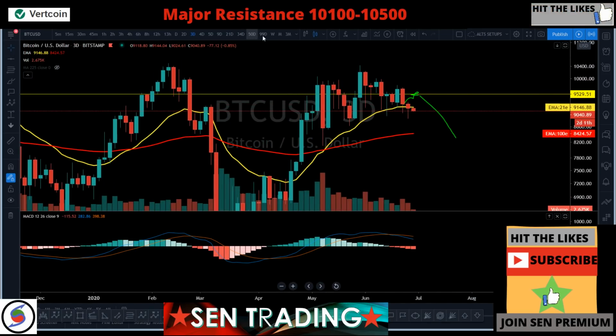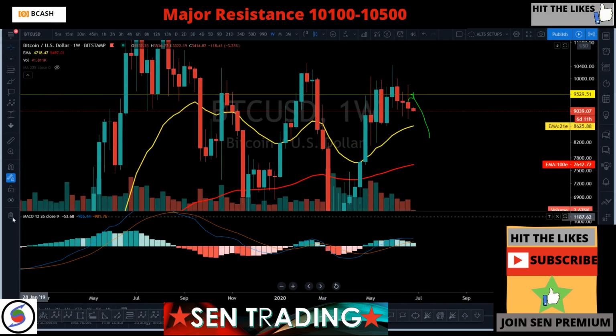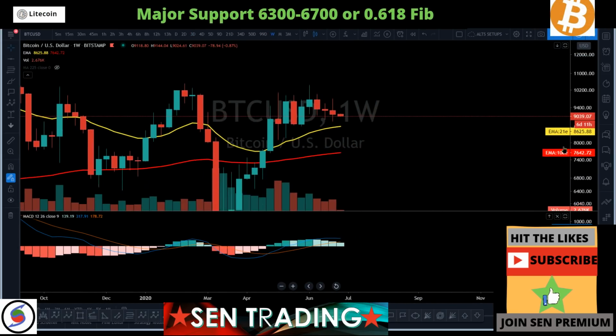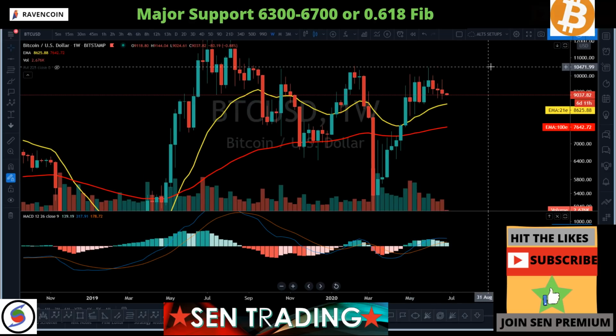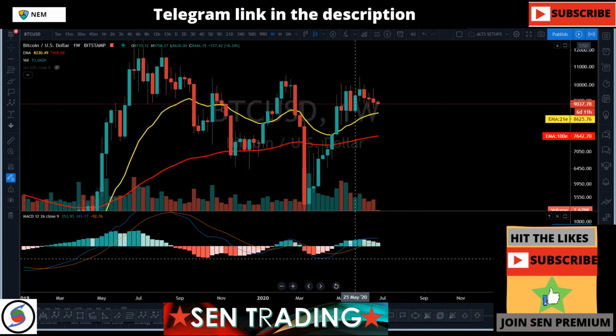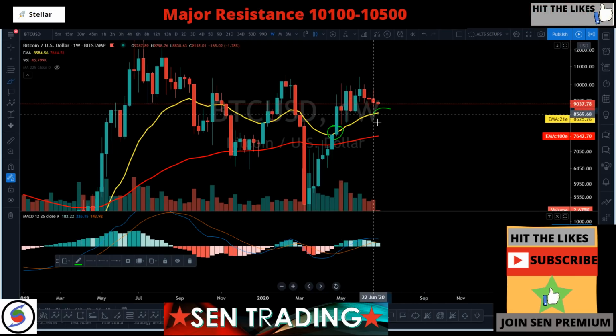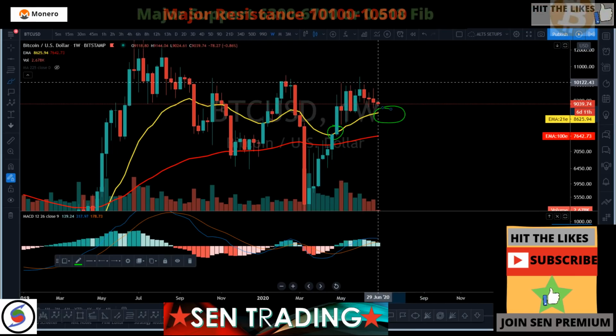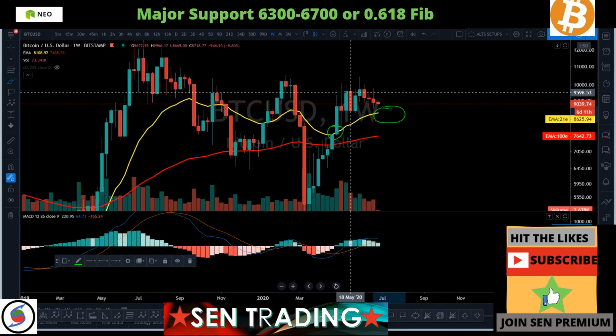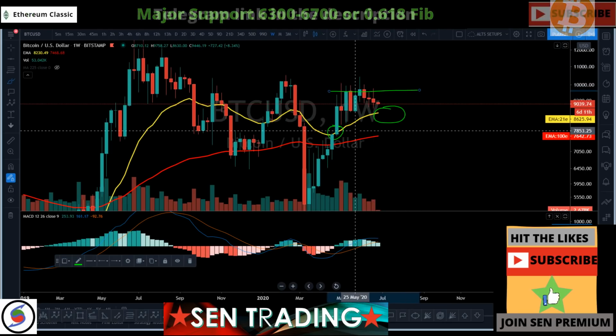All right, now let's take a look at the weekly chart. The weekly chart is quite important. As you know, most traders, like Alicio, like to be bullish above the 21 EMA right there and bearish below it. As you know, he was a little bit bullish the last few days, saying 12K and so on.